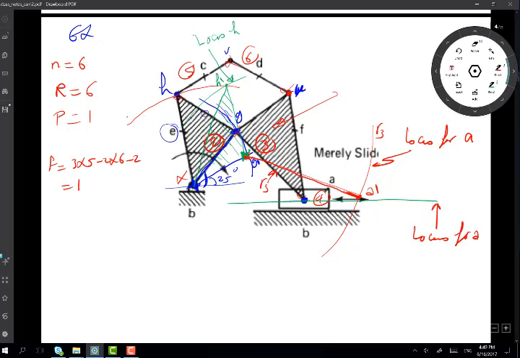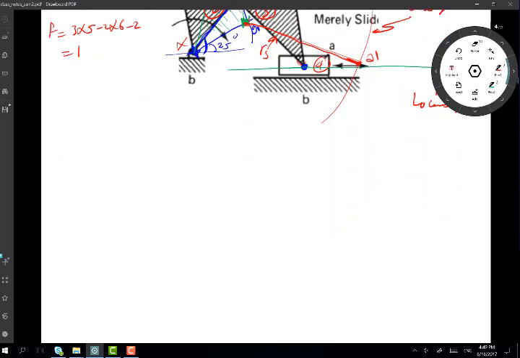Once I have H prime and U prime, I know the distances C and D. Two more circles will intersect to help me find the new position for my point V. And hence I have drawn my linkage at a new position.